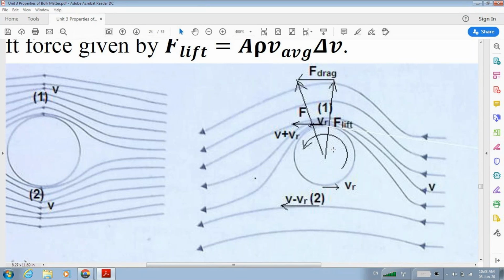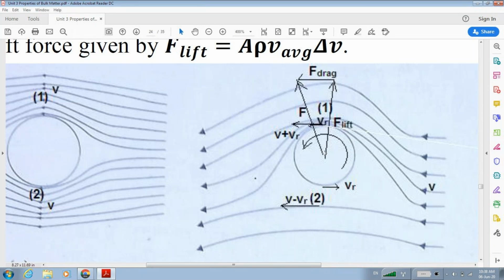So dynamic lift means, due to variations in velocities, the pressure is changing. So due to this change in pressure, some force is acting in the upward direction, slightly inclined.